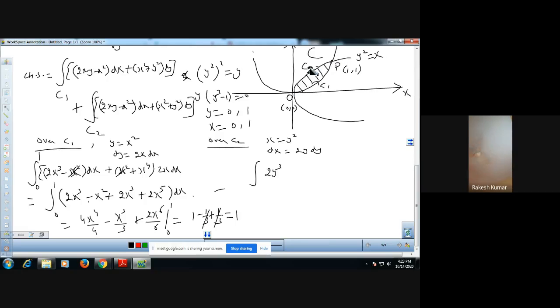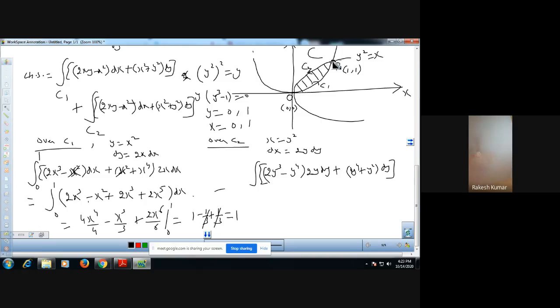Now come back from P to O, this is C2, and put the value of x equal to y squared. So this will become 2y cube minus y4, and the value of dx will be 2y dy plus x square, that is y4, plus y square into dy. And along C2, coming from P to O, you have to integrate with respect to y.